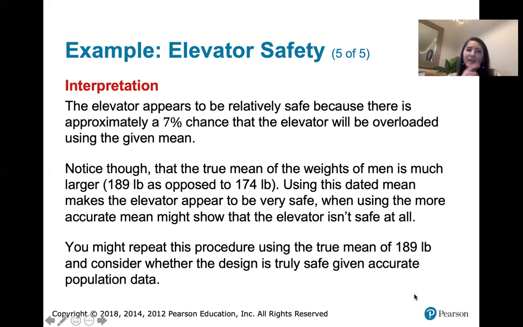So yeah, the rare event rule is what I applied here when I said if there's a 7% chance that that elevator is overloaded according to our statistics, but then it keeps happening and it keeps happening, well, maybe the assumption that we started with is wrong, the assumption that gave us that 7% chance. And it turned out that the assumption that the mean weight of men is 174 pounds was wrong. The mean weight of men is actually a little bit higher. It's 189, which means that the elevator is much more likely to be overloaded.